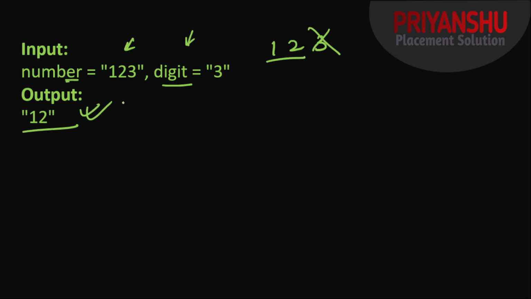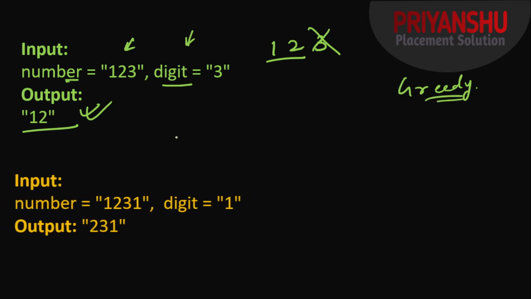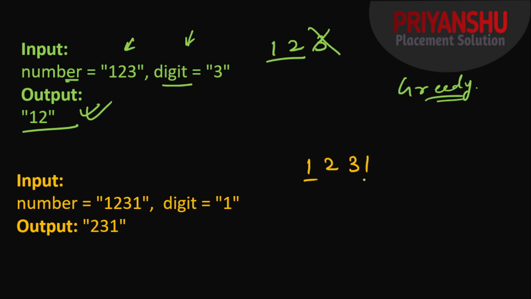It's very easy, but one twist is there. Before discussing the twist, this is a greedy question, a greedy algorithm. The twist is that if you have a repeating element, for example 1 and 1, and the digit is 1, we need to remove 1.